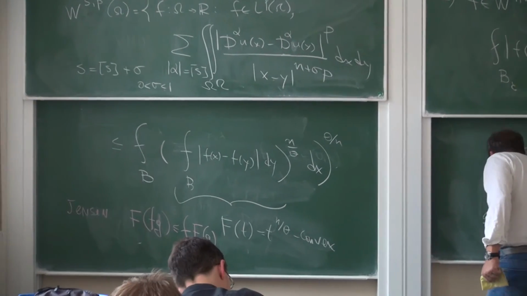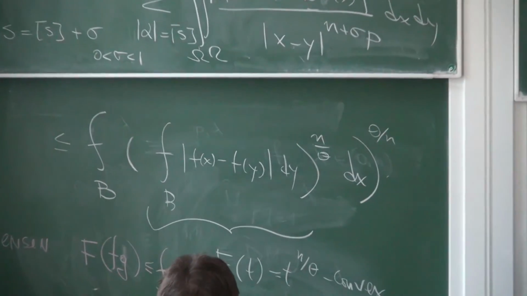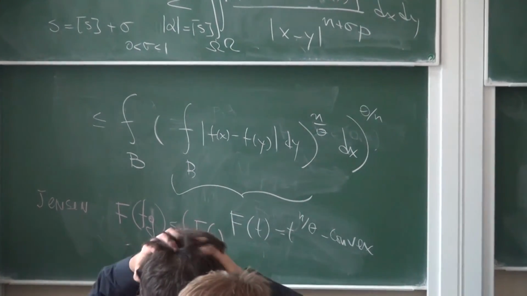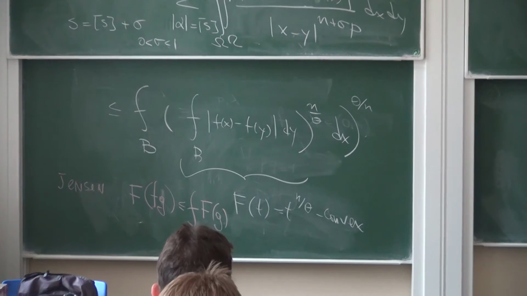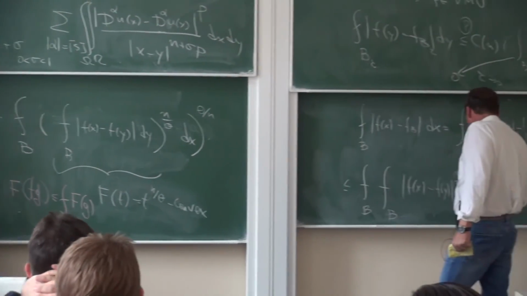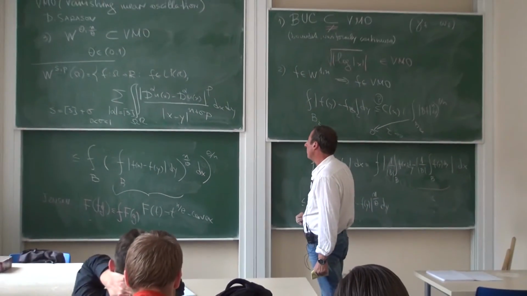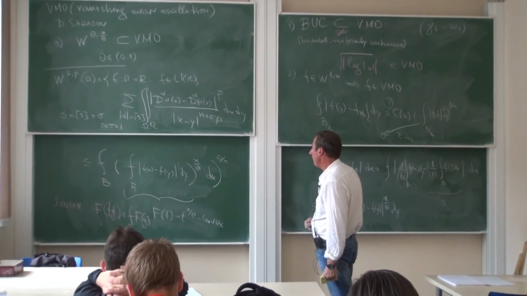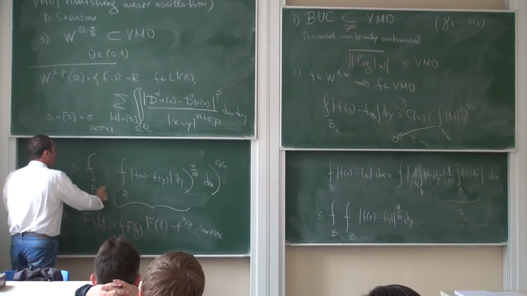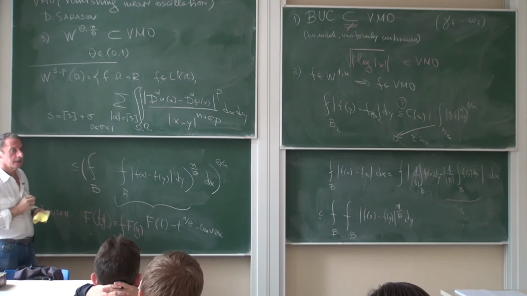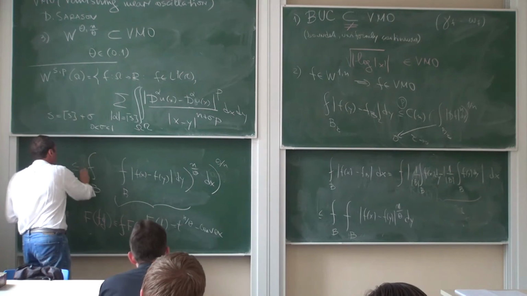And it becomes, so I have the exterior integral, this exterior integral. So this will become the second mean integral, f of x minus f of y raised to n over theta dy. I think it must be this way, or no?